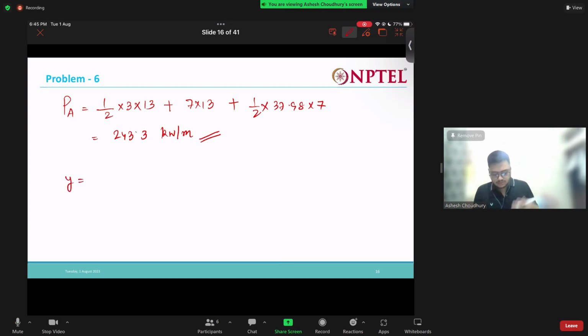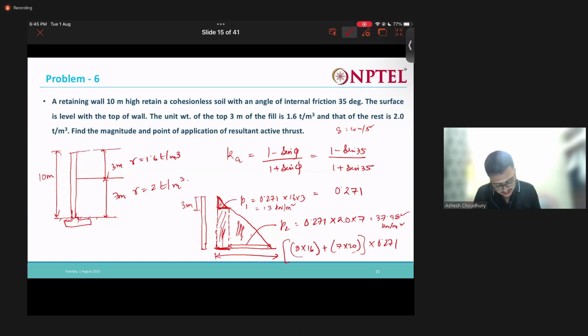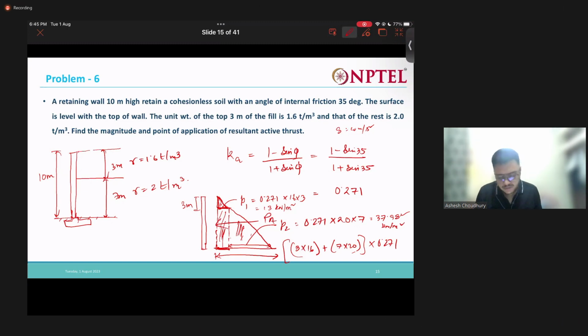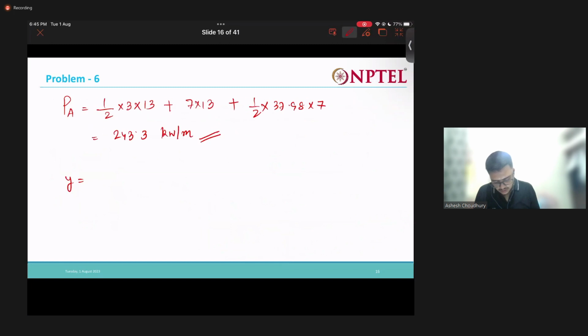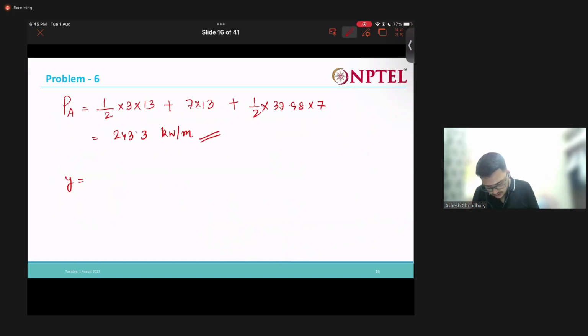Now we need to find out the point of application of this active thrust. So where is this PA actually acting? For that, we will just find the centroid of this total figure, right? This one is 19.5, this one is 91, and this one is 132.93.